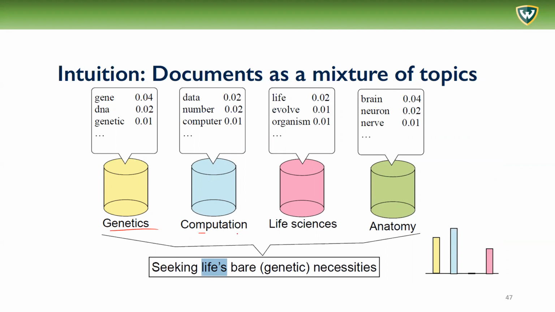Other words will be related to something more related to computation, another to life sciences, or maybe another set of terms are going to be related to something we can call anatomy. And each of these may be distributed differently in a particular document. So the document we just saw is mostly about genetics, computation, life sciences, but very little about anatomy, and so on.